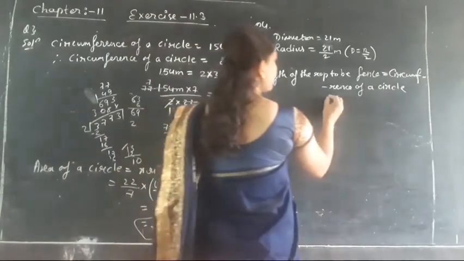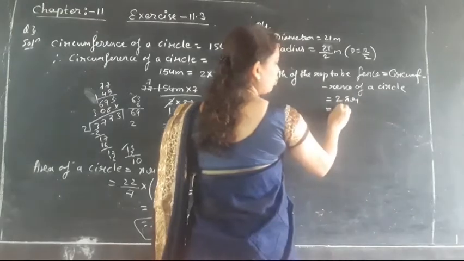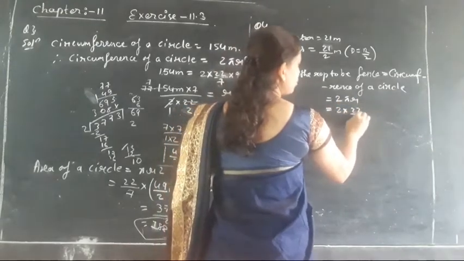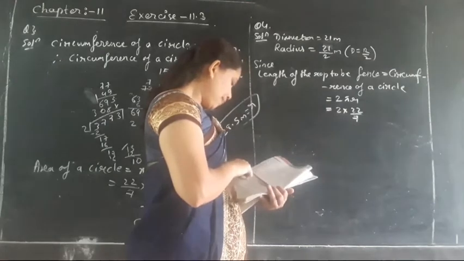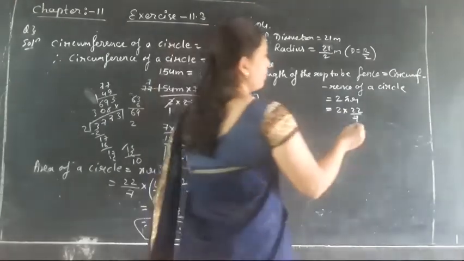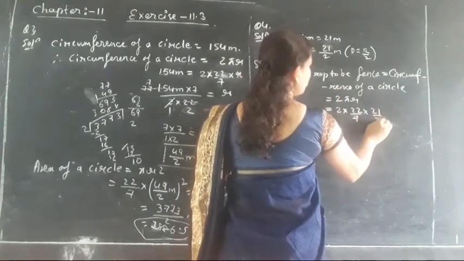Now circumference of a circle फॉर्मूला क्या है, 2 पाई r है. ठीक है, 2 फॉर्मूले से आएगा. पाई की वैल्यू क्वेश्चन में 22/7 लेना है. You have to take the value of pi as 22/7, then r value is given 21/2 मीटर.